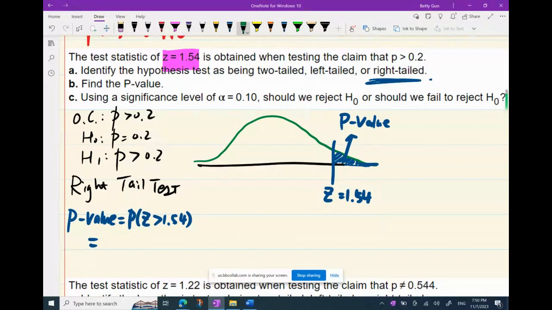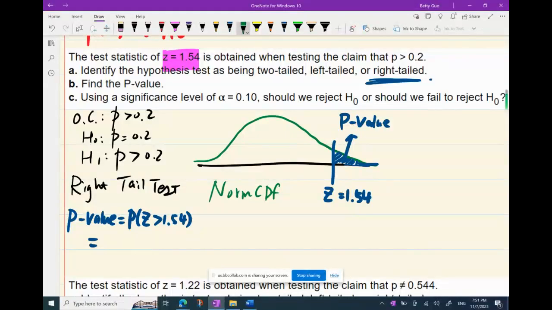We are looking for the area, for probability, so not inverse normal anymore. It's going to be normal CDF. We never use a PDF, always a CDF, cumulative. C here means cumulative. So let's go to second VARS, normal CDF.